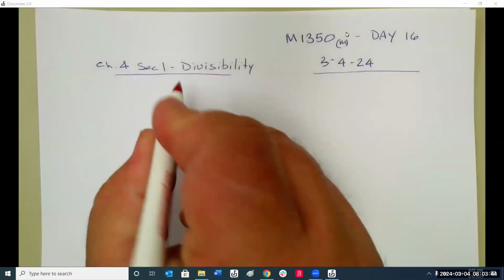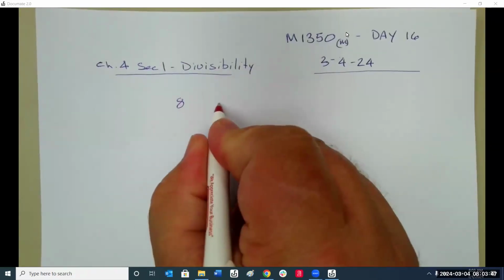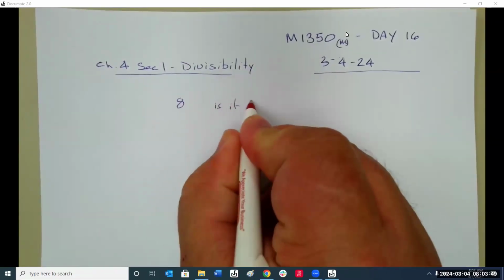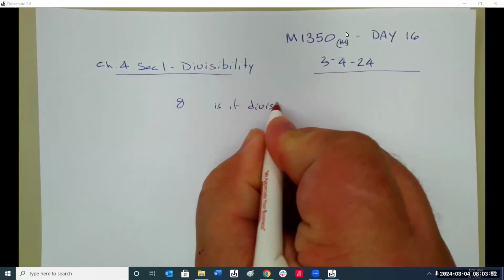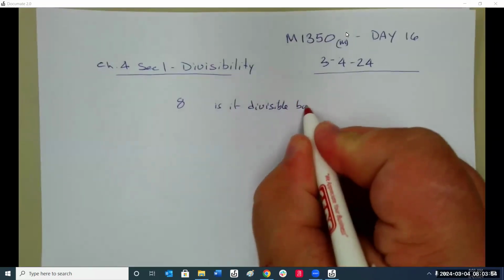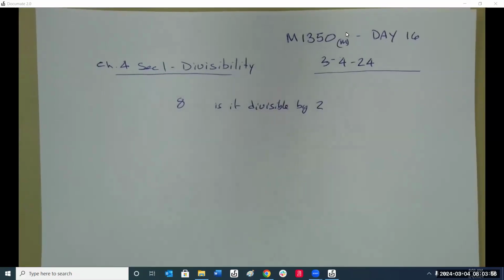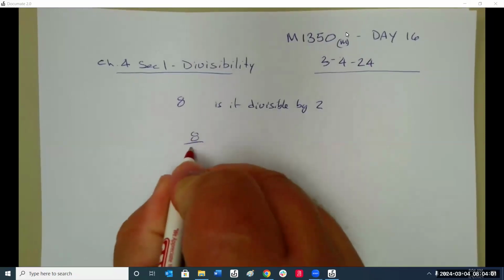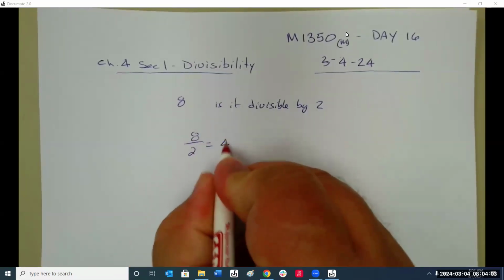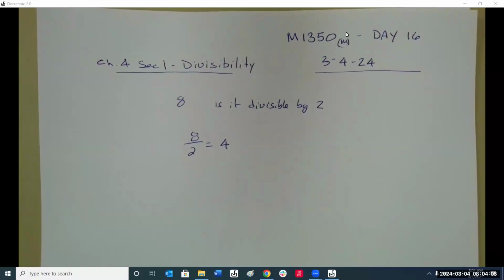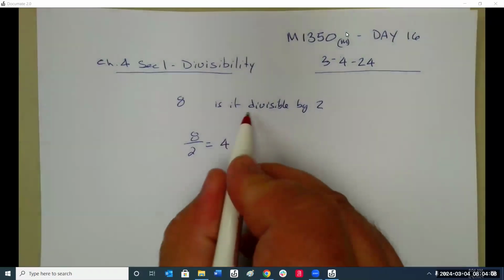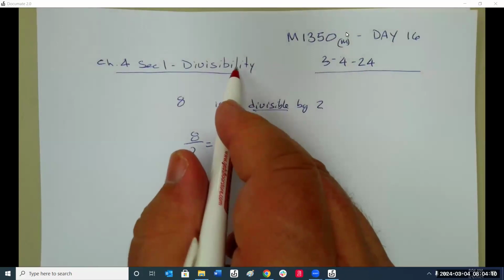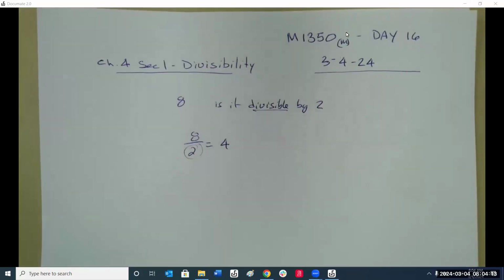For example, if we have the number 8, is it divisible by 2? What does that mean? It means that if I take 8 and divide it by 2, will it equal a whole number? Yes. So divisibility means the ability of a number to be a multiple component of another.